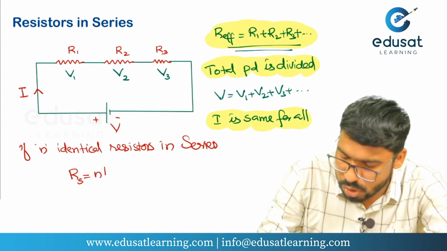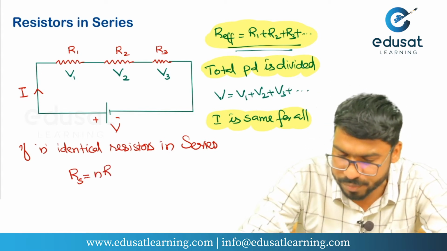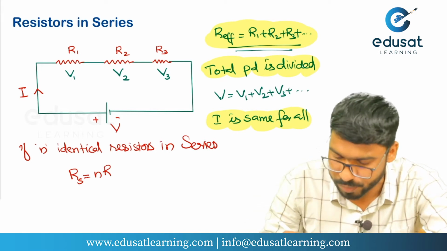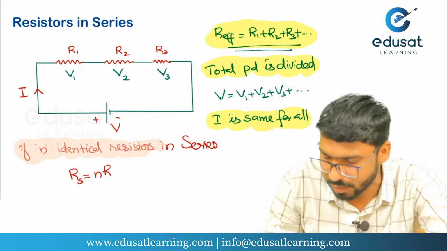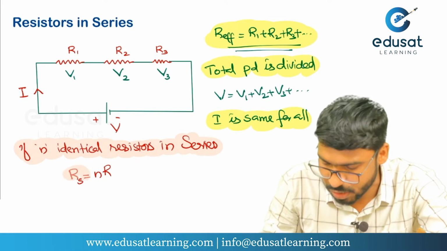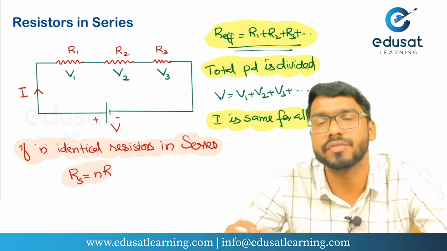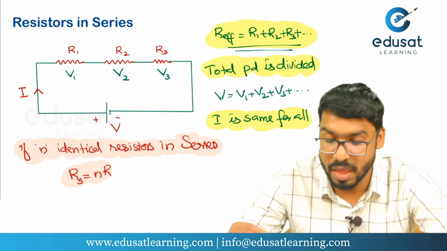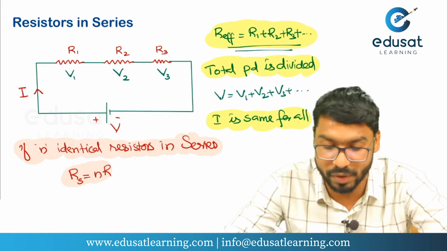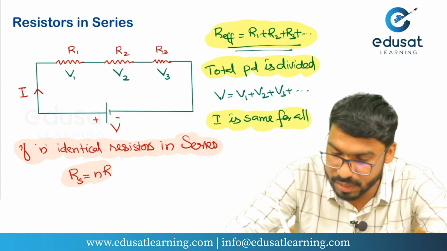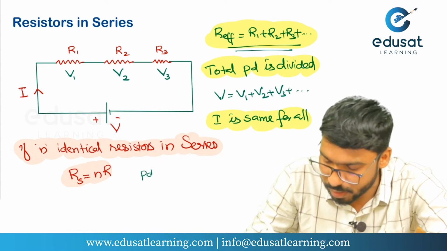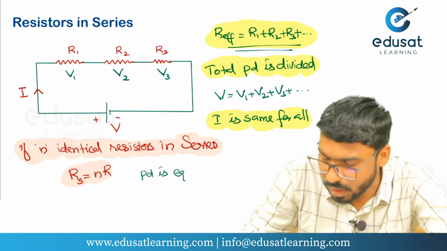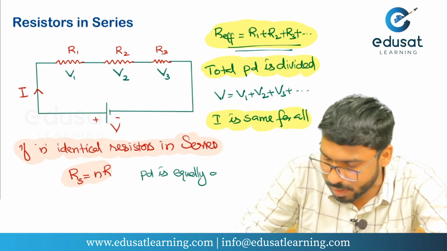N R. So R effective equals NR. Then the total potential difference is equally divided.